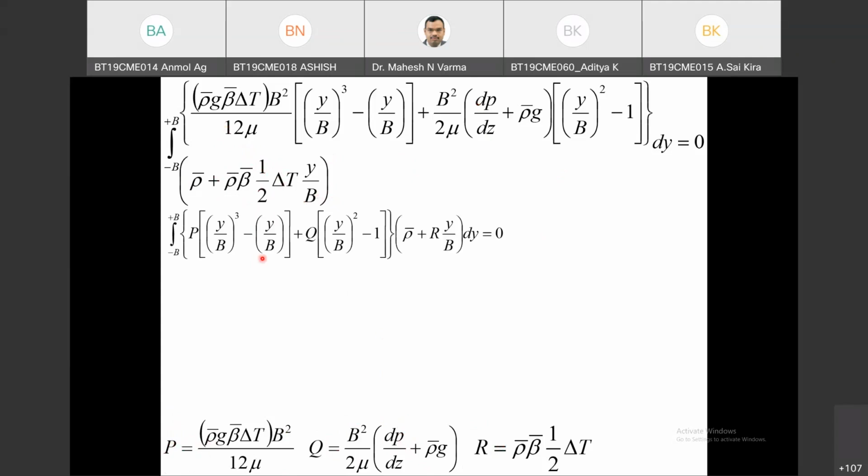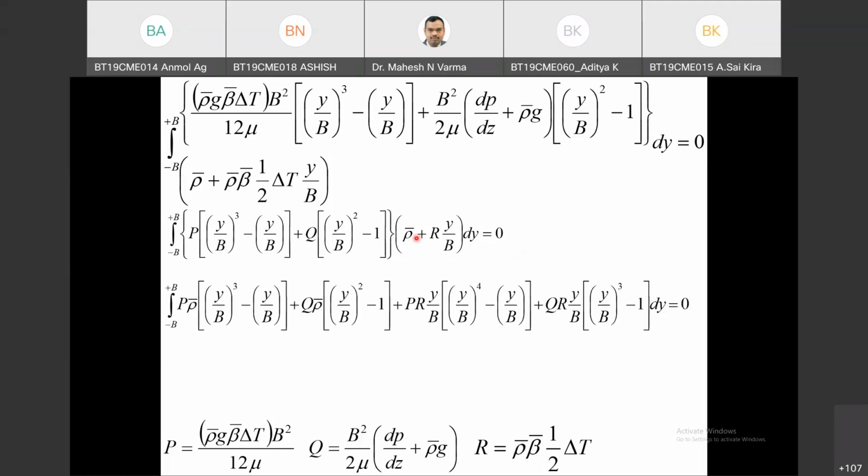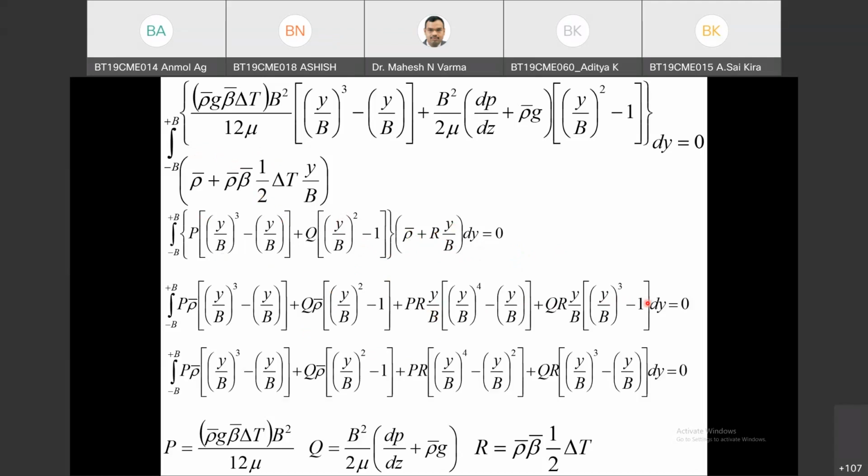So rearranging this equation, P multiplied by the Q term raised to the 1 term plus Q raised to the square term minus 1, plus this rho bar R, this is R y by b dy. Now I can integrate this equation. Before integrating, I can split this bracket: rho multiplied by the whole bracket, and R into y by b multiplied by the whole bracket, with y by b taken inside.